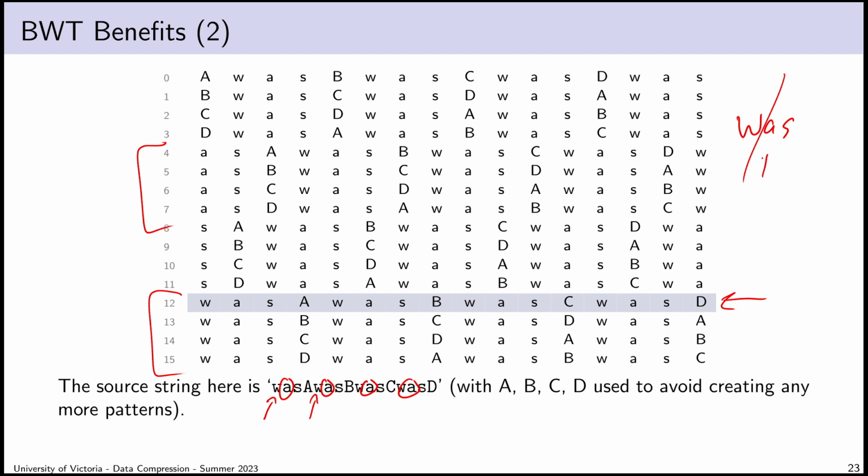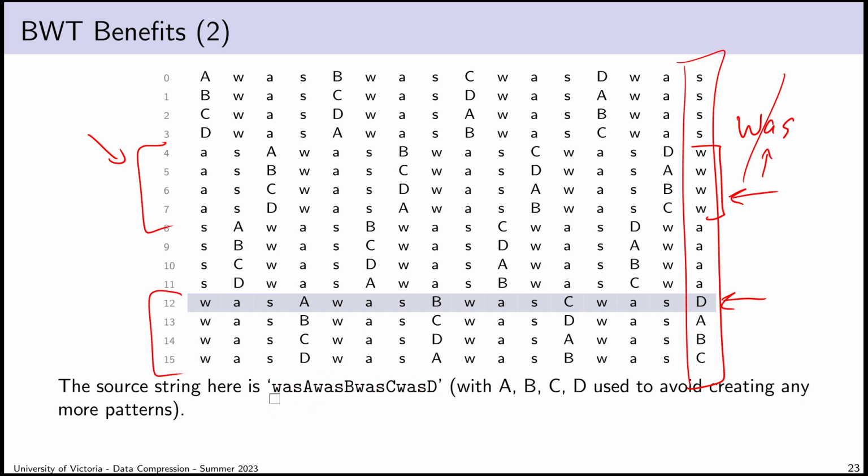So if I cut the row off to begin at the A, those rows will all end in a W. Because the matrix is sorted, all of the rows beginning with A end up together, and that means all of those W's end up together in the last column. And so you can see that although, just like our earlier example, this input has no instance of 2 identical consecutive characters, when I'm done the BWT, I've got these nice blocks of S's, W's, and A's.